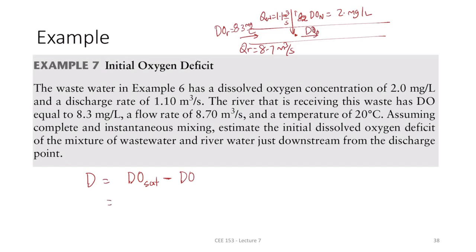DO saturation is based on the thermodynamic constant, the Henry's constant for solubility. Those are given. If you see the tables, the dissolved oxygen concentration in water at 20 degrees Celsius is 9.1 milligram per liter. That's constant at that temperature.